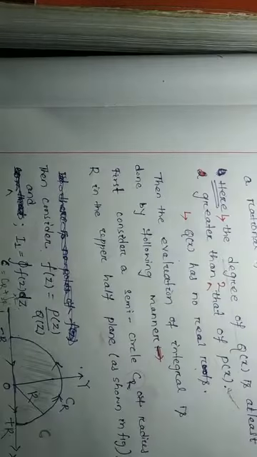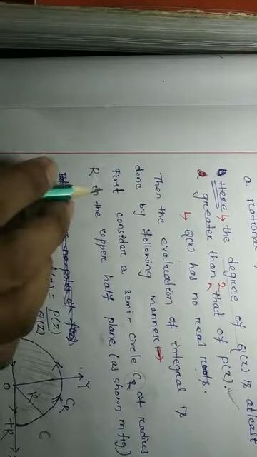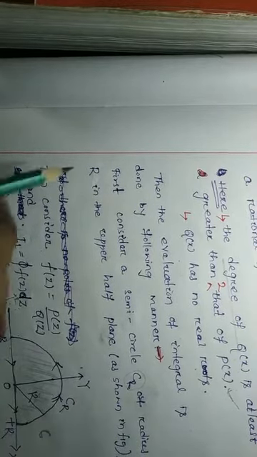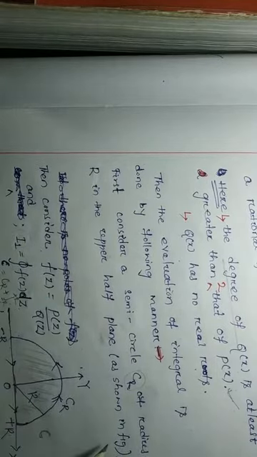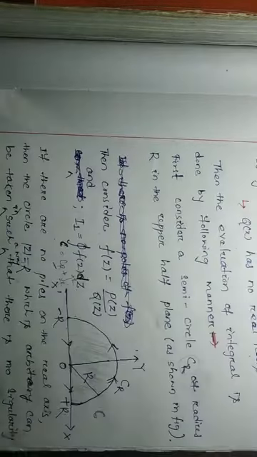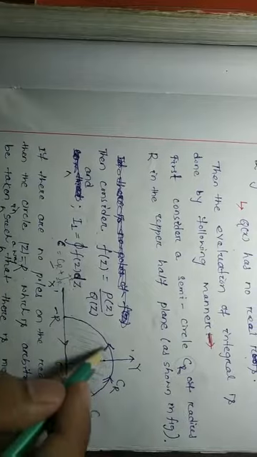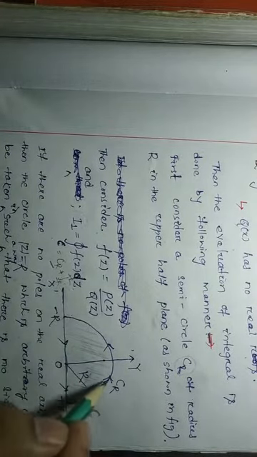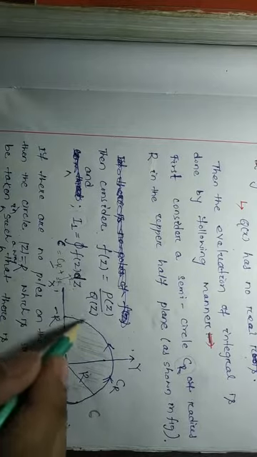You just watch. First we consider a semicircle C_R of radius r in the upper half plane, as shown in the figure. This C_R is a semicircular arc, or contour.